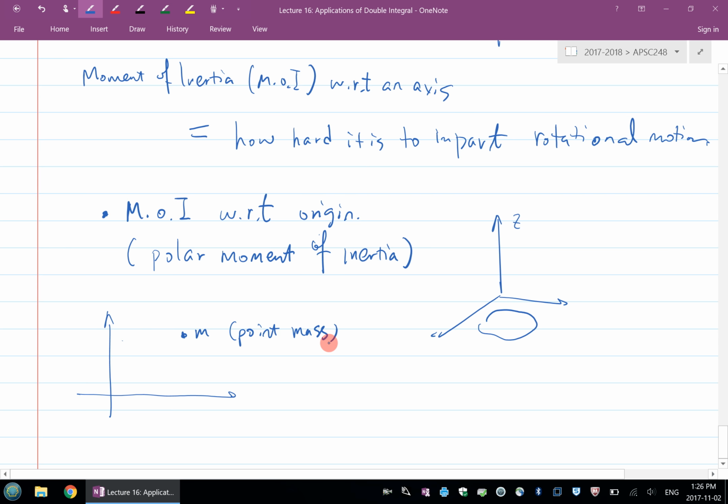Now let's suppose this mass is traveling at a linear velocity v. Maybe this is your initial location, and it will travel to the next location up to here. That's the motion.